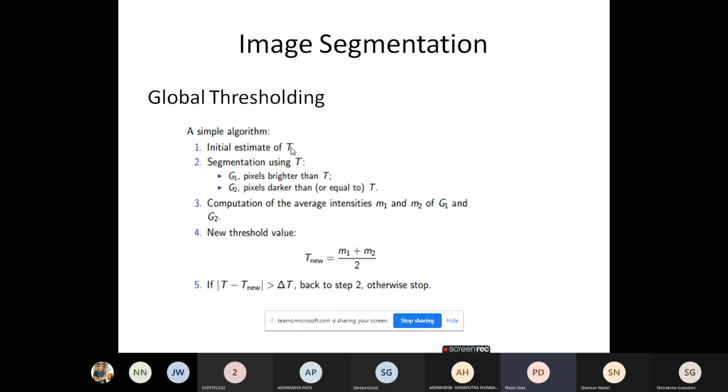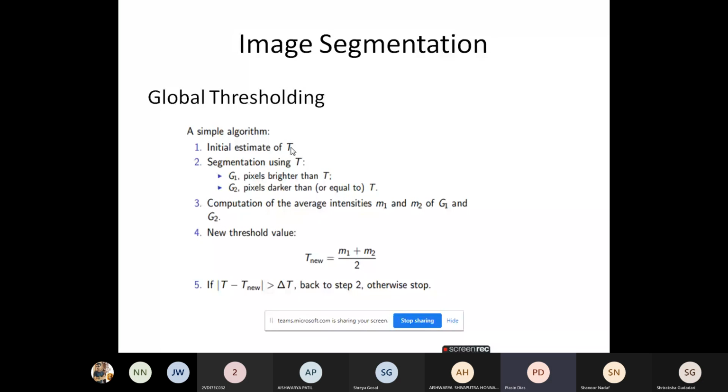This particular algorithm is an iterative algorithm, as we had seen yesterday, and in the algorithm we see how best we can segment the image using a threshold with two different groups, G1 and G2.